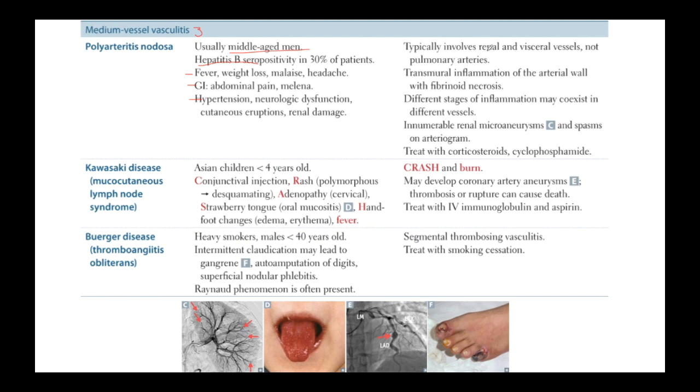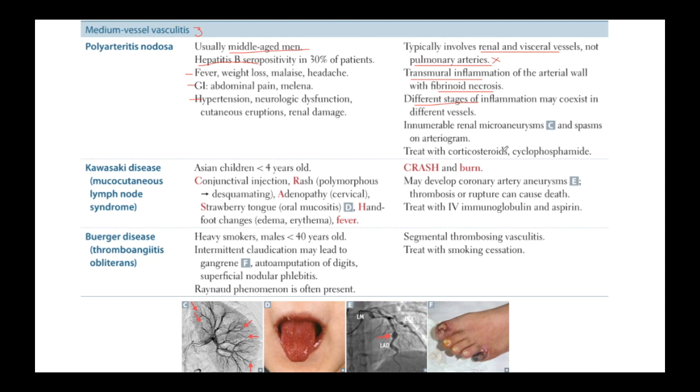This will typically involve renal and visceral vessels, and again, here the lungs are spared, so it does not affect the pulmonary arteries. And again, there is transmural inflammation with fibrinoid necrosis going on. You can have different stages occurring at the same time.